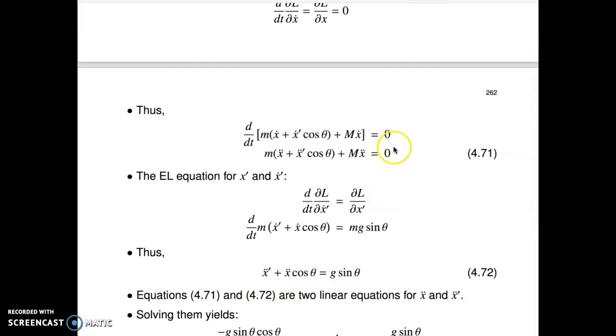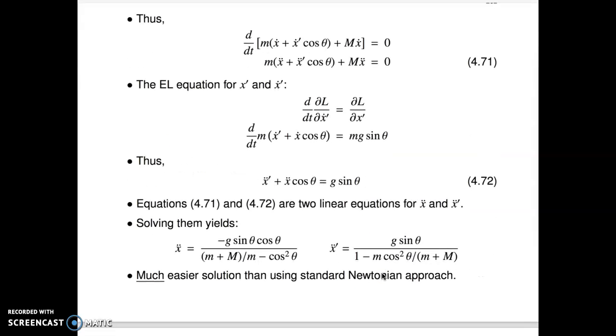So we have two equations that we've derived from the Euler-Lagrange equations, 4.71, 4.72. And I'm not going to take this problem much further. We have two basic unknowns in these equations, x double dot and x prime double dot. We have two equations and two unknowns, equation 71, 72.